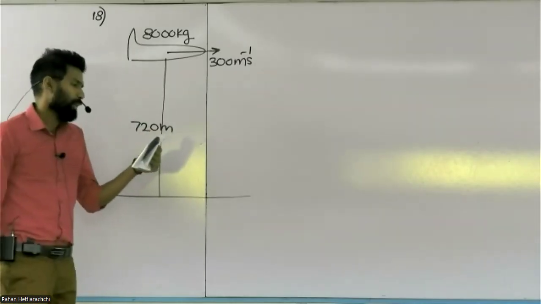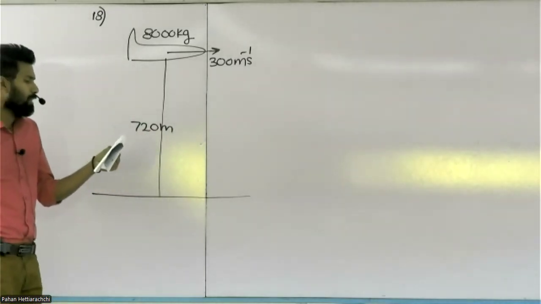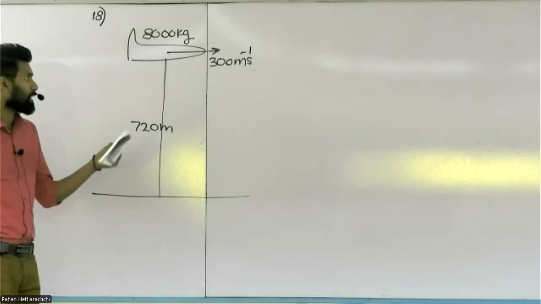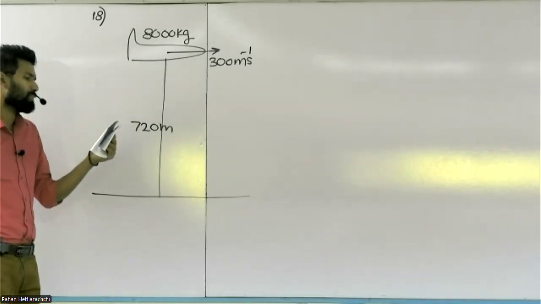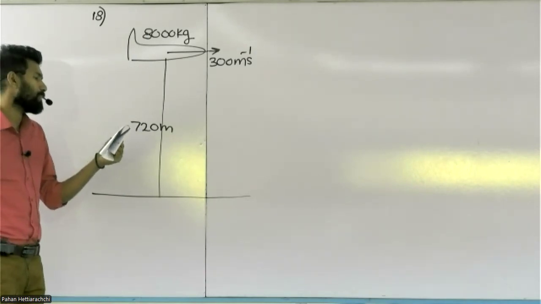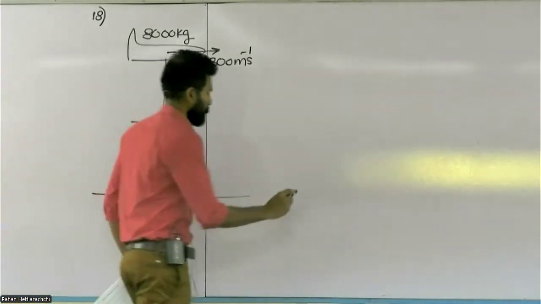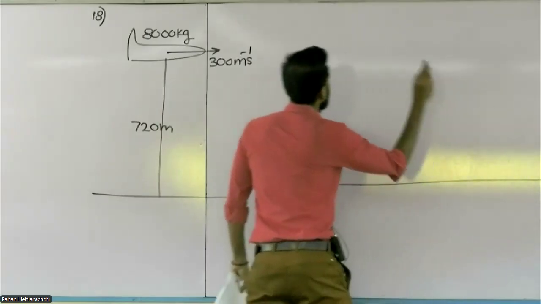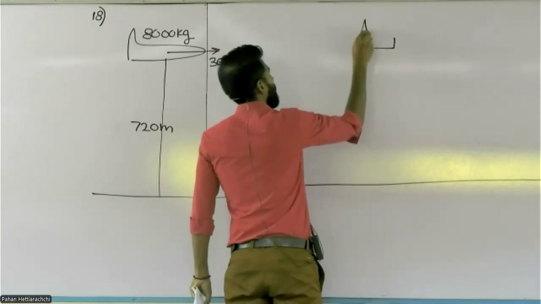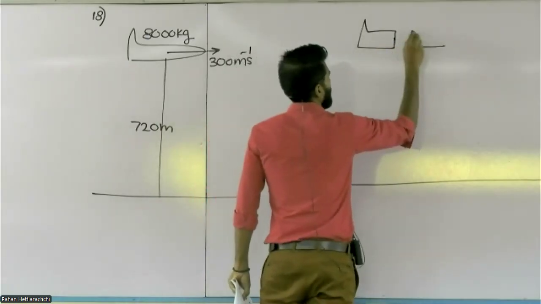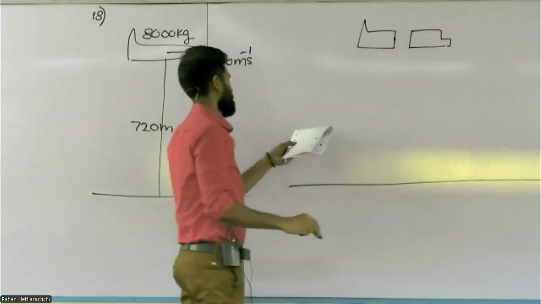An airplane of mass 8,000 kilograms moving horizontally at 300 meters per second velocity at a height of 720 meters, and it explodes into 2 equal fragments due to internal explosion. Okay, let's draw the next part. Now the plane has exploded into 2 parts, the first one and the nose part.